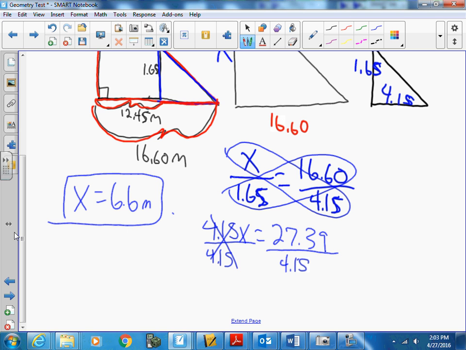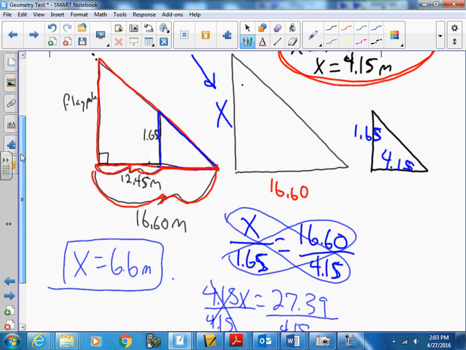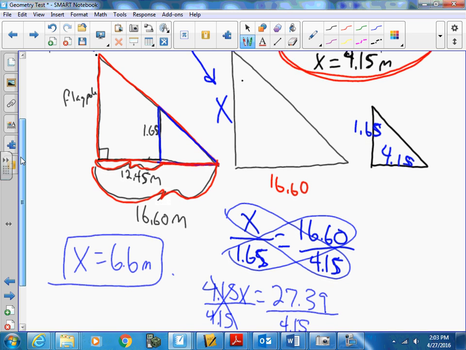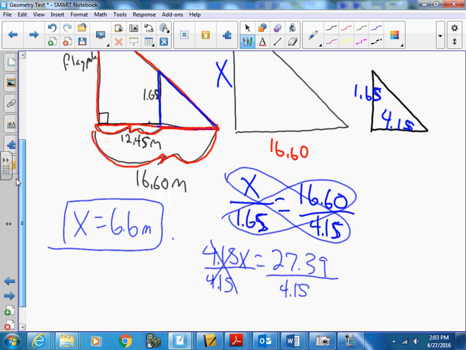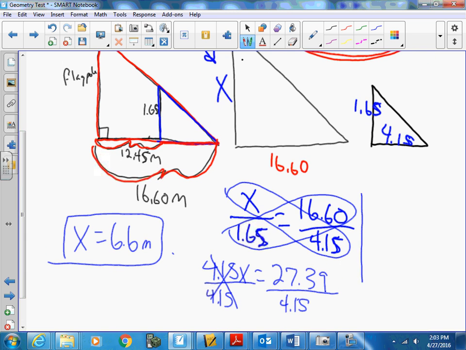All right. You also could have, instead of the proportion I set up, set this up. So notice the difference. You could have set up x over 16.60, so now I'm doing a side to a side in its own triangle, is equal to 1.65 over 4.15.